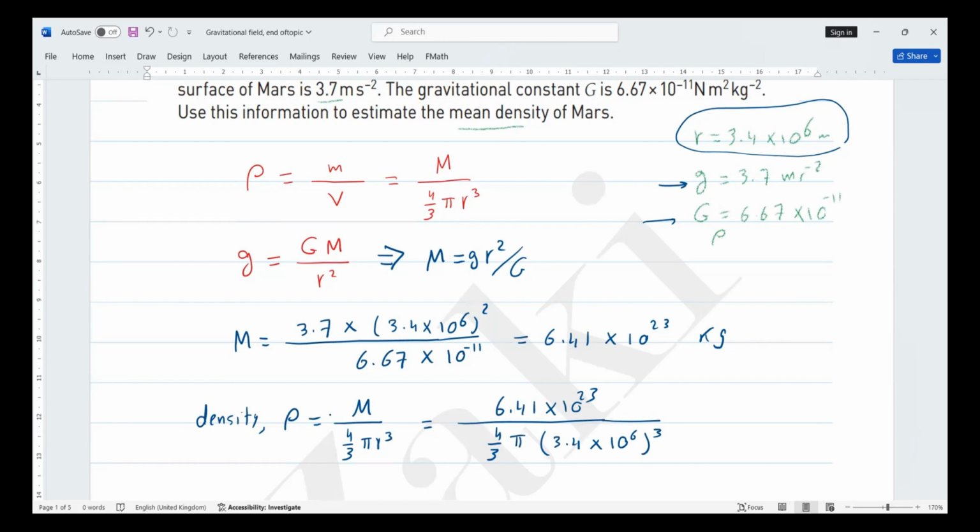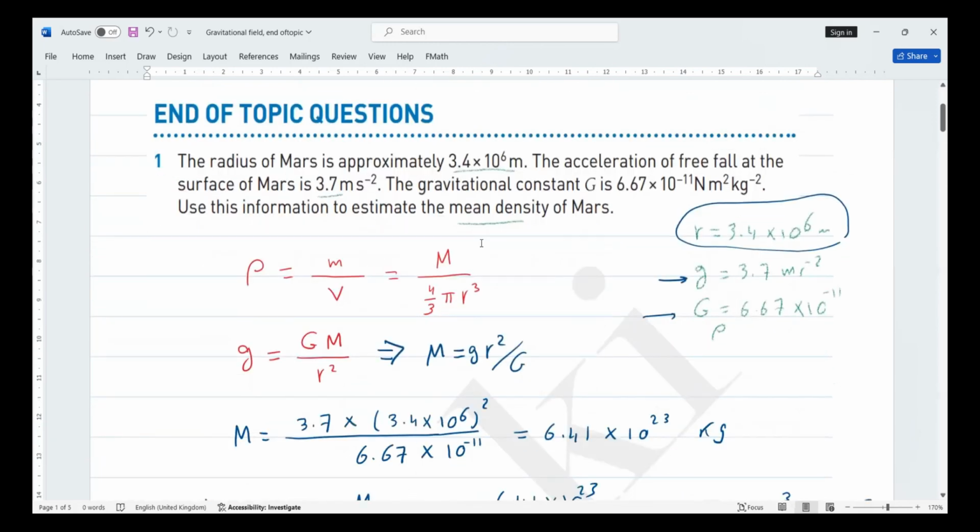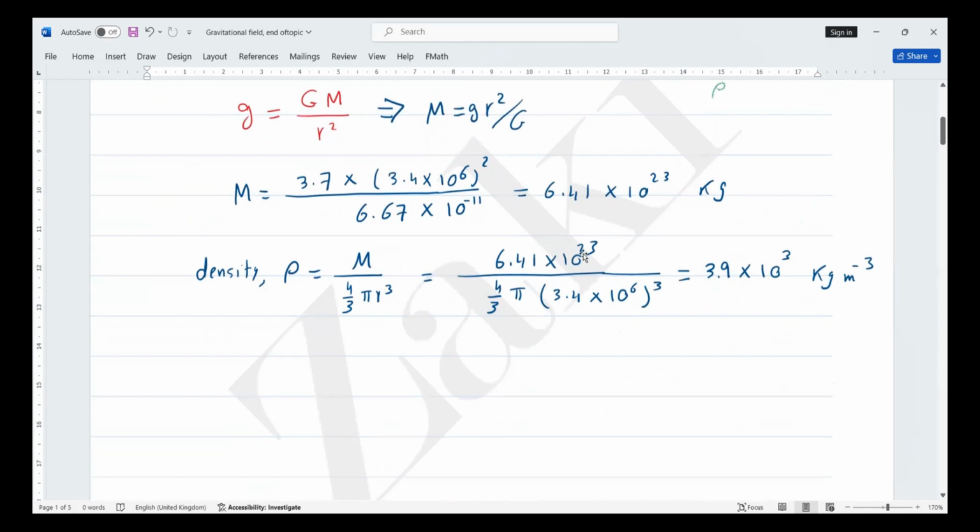When you use the calculator, the answer is 3.9 multiplied by 10 to the power 3. The unit is kilogram per meter cubed. That is question number 1 in the end of topic questions.